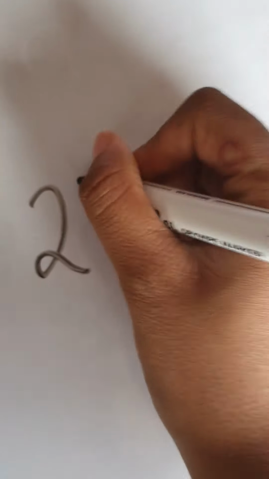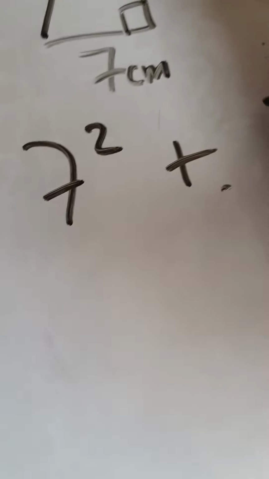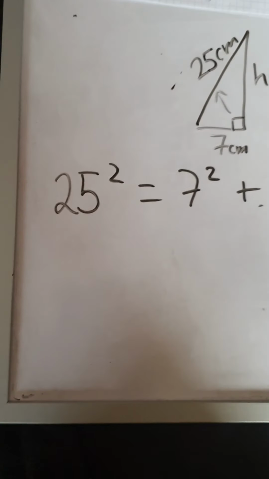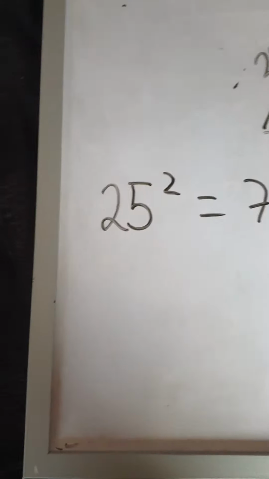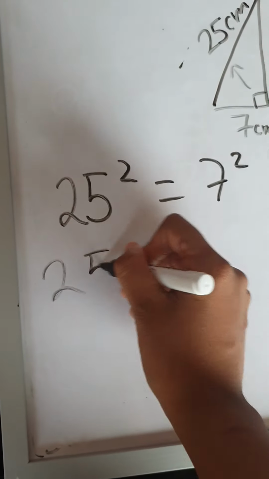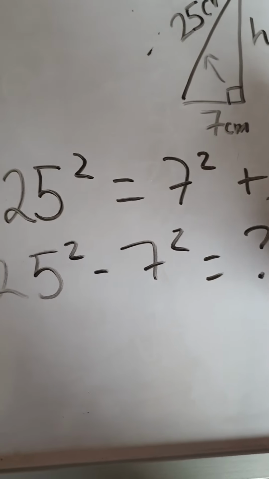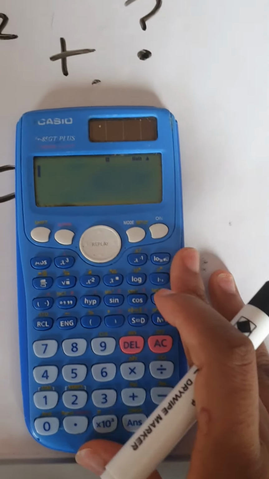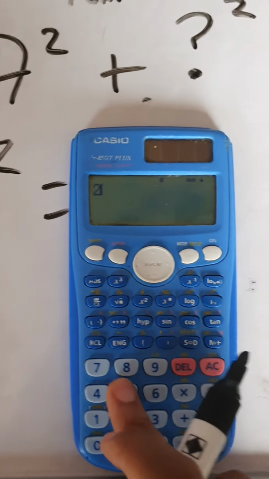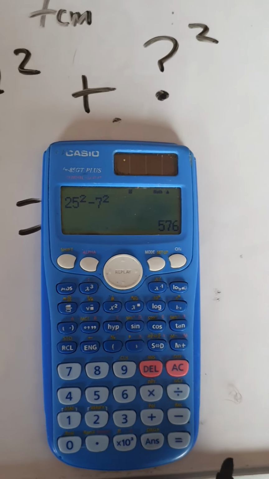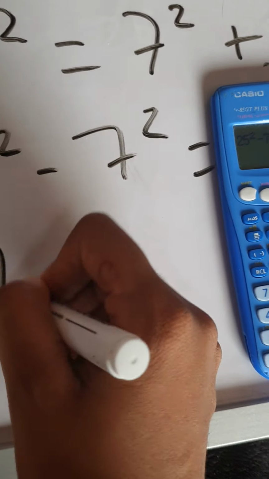So 25 squared equals 7 squared plus something squared. If I'm going to use my calculator for that one, I'm actually going to rearrange it. So it's 25 squared minus 7 squared equals something squared. Put that into my calculator. 25 squared minus 7 squared equals 576.